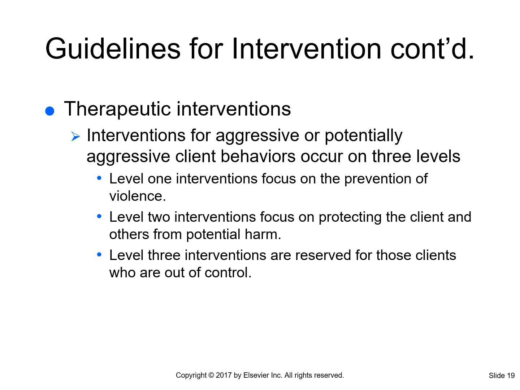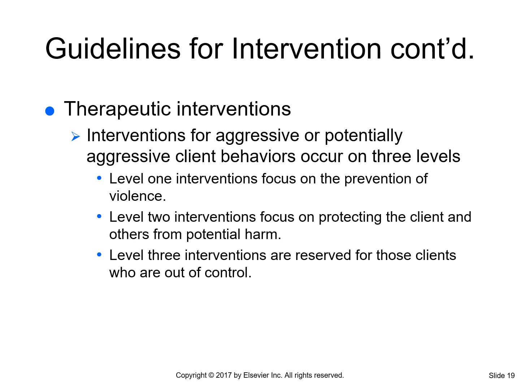Okay, therapeutic interventions for aggressive clients occur in three levels, and we need to know them, okay? They occur in three levels for the interventions for aggressive or potentially aggressive client behaviors.